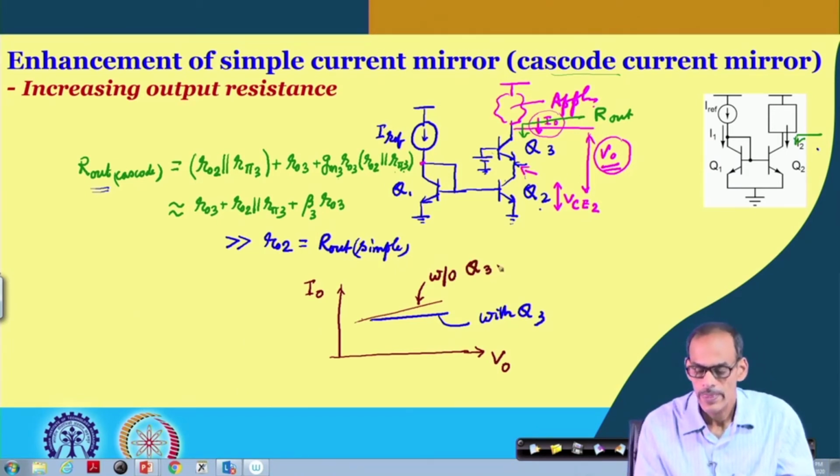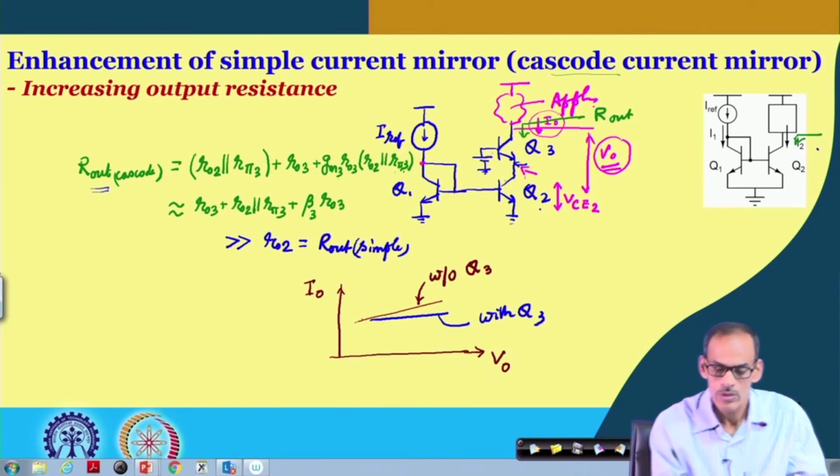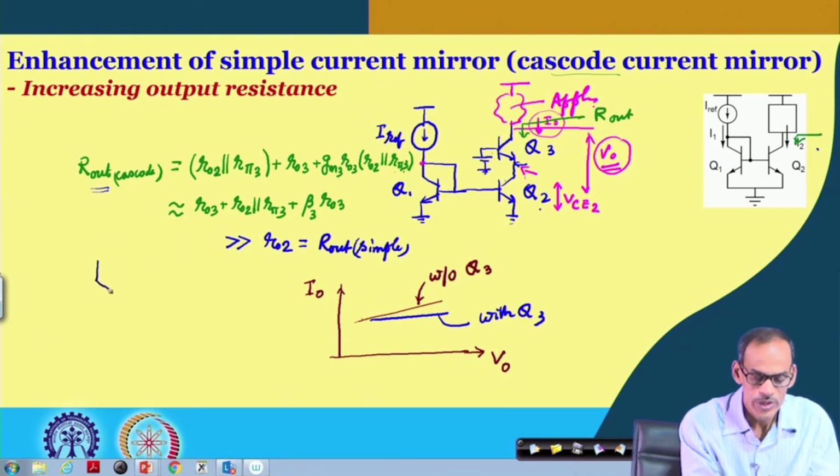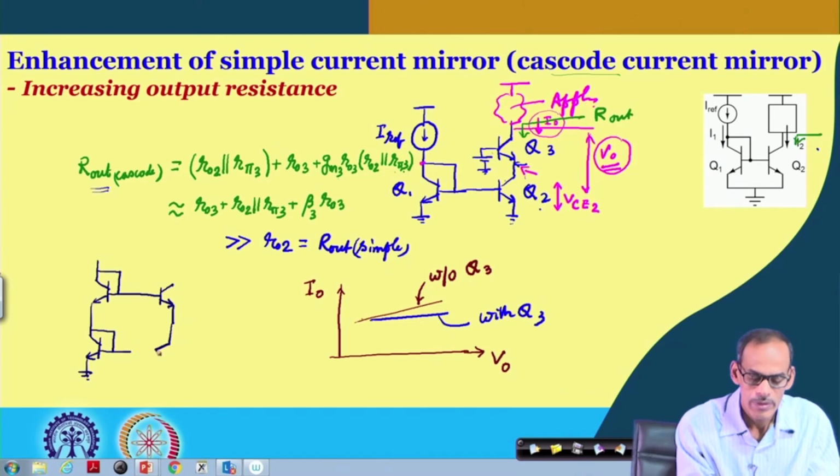And the practical circuit for this cascode current mirror, similar to the BJT, here we use one more transistor in the left branch to create a bias for transistor 3, and then of course we have the bottom transistor. This is Q2, this is Q1, this is Q3, this is Q4.